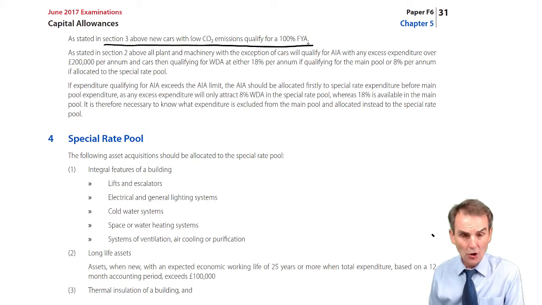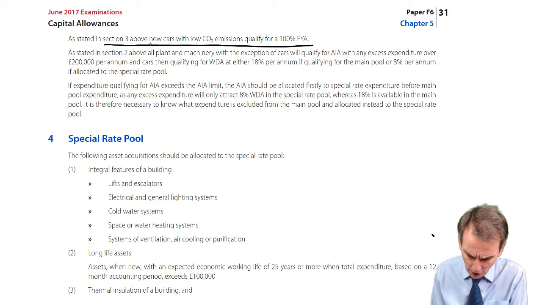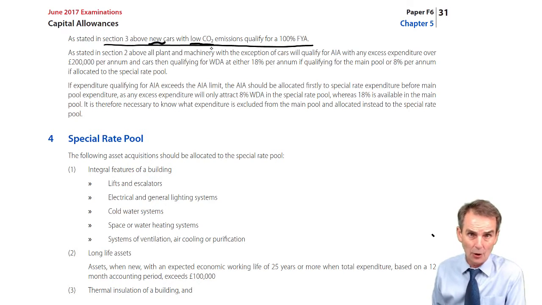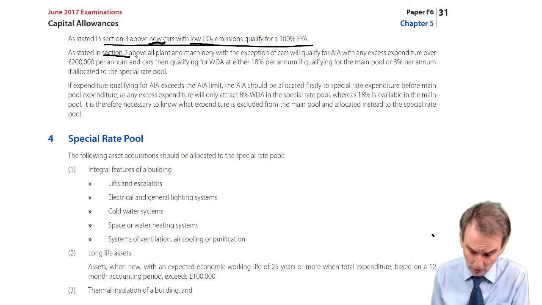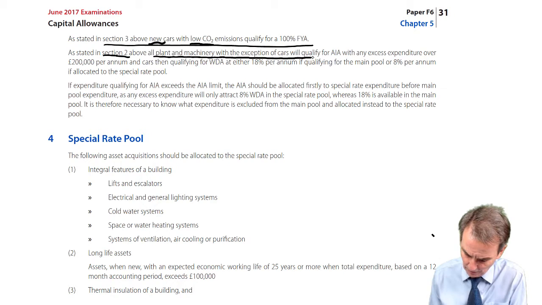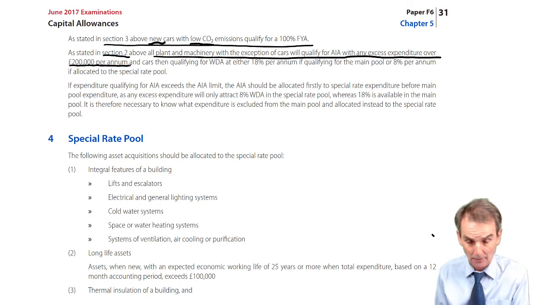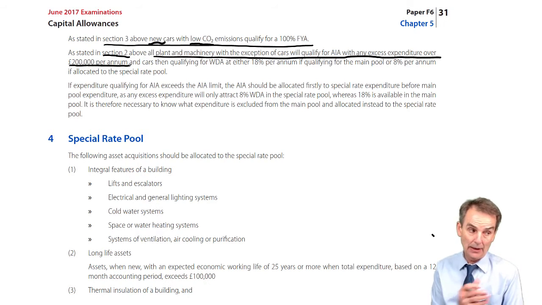So if there's a new car, remember new cars with low CO2 emissions, i.e. not exceeding 75 grams per kilometre, we get 100% first year allowance. As we saw in section 2 of our notes so far, all plant and machinery with the exception of cars will qualify for AIA, with any excess expenditure over the 200,000 per annum AIA limit given on your rates and allowances page.